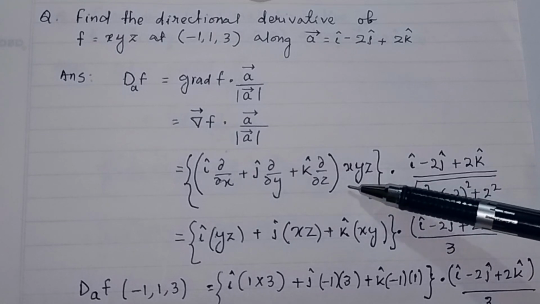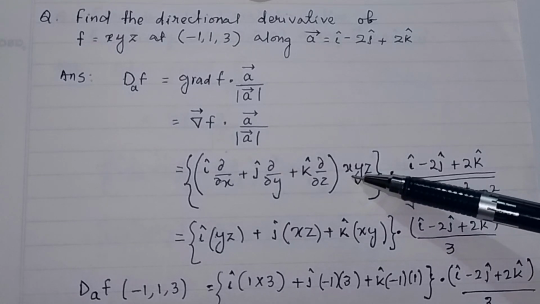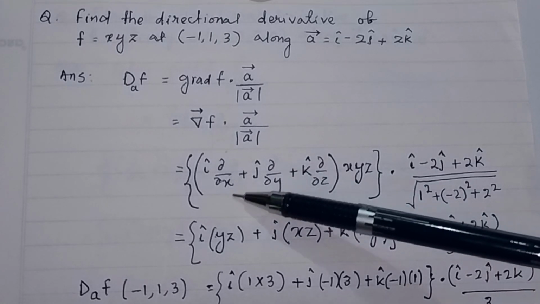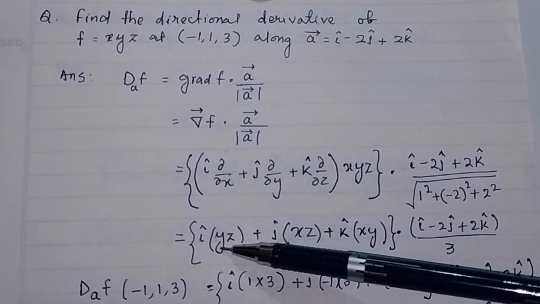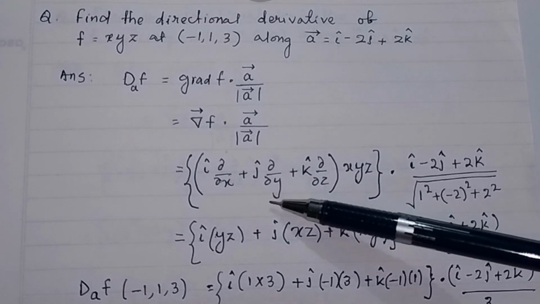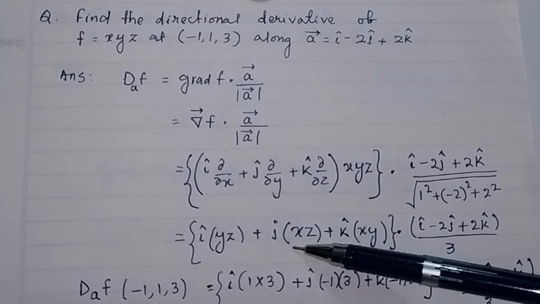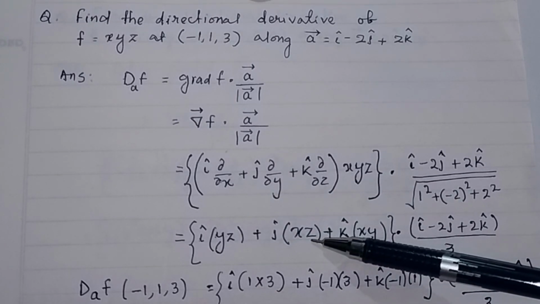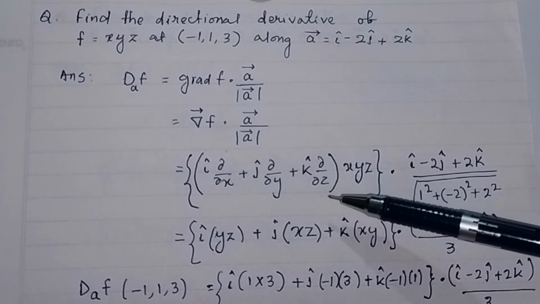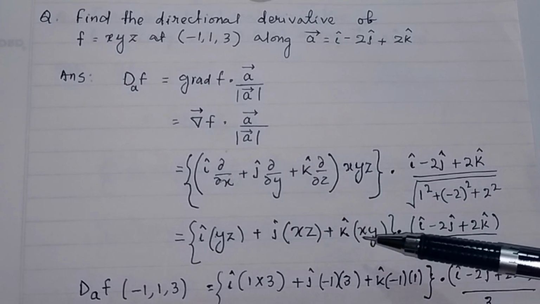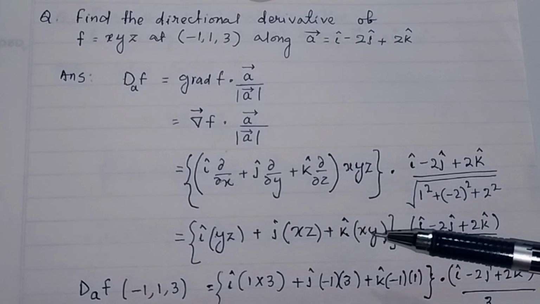So when we find the partial derivative of xyz with respect to x, the first term will be i cap yz, and with respect to y, the second term will be j cap xz, and the third term, k cap, will be xy.